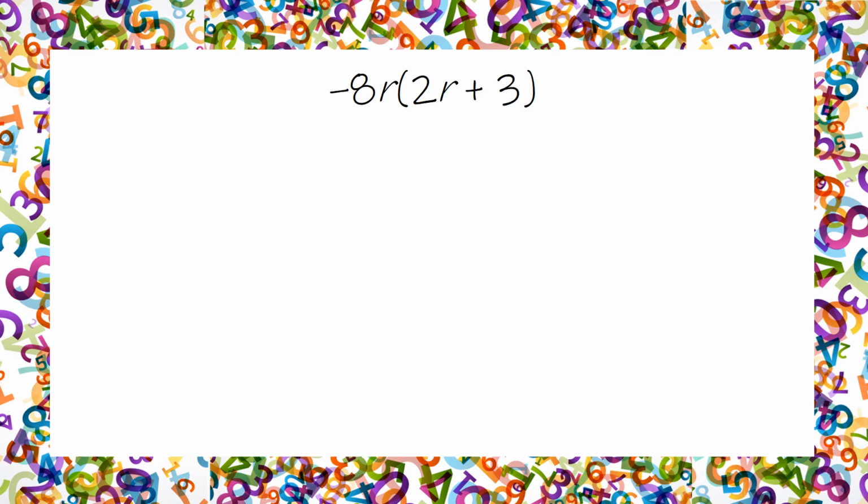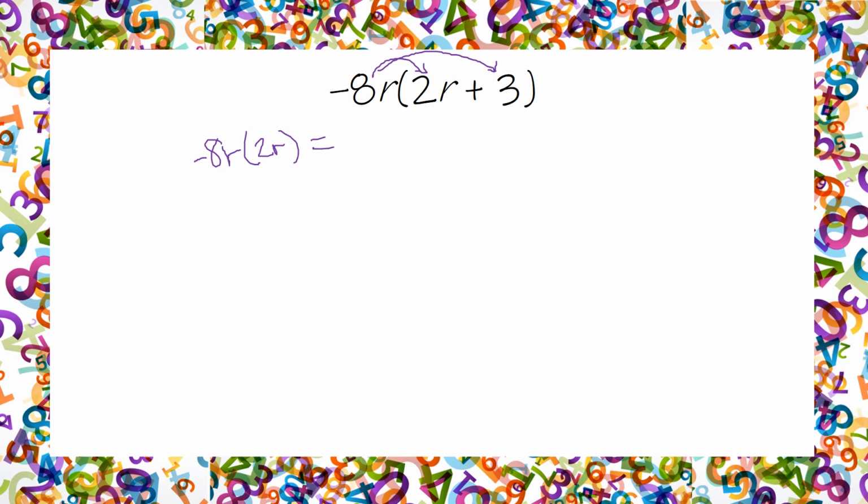Negative 8r times 2r plus 3. So we're going to have to distribute, we're going to have to hand out this negative 8r to both the 2r and to the 3. I'm just going to break it up into pieces.